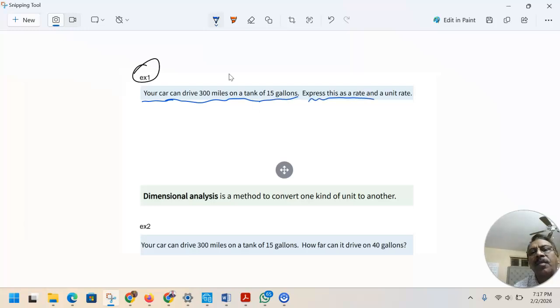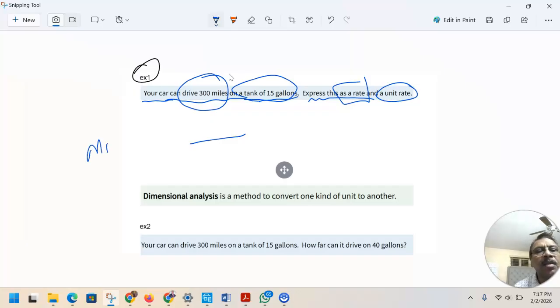You're supposed to express this as a rate. There are two questions: one is the rate, one is the unit rate. Since they give you 300 miles on a tank of 15 gallons, you can take a ratio, with miles in the numerator and gallons in the denominator.